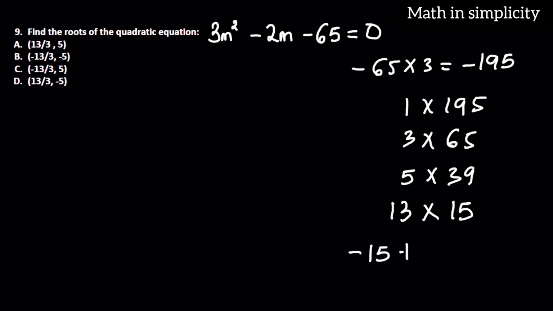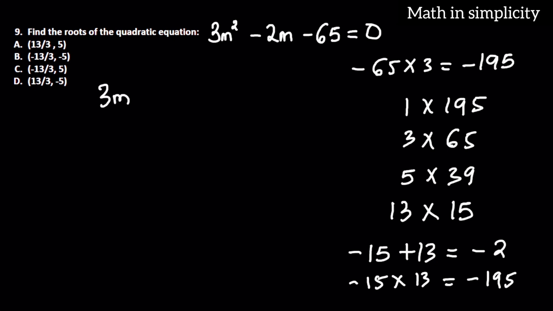So if you do -15 plus 13, you should have -2, right? And if you also do -15 times 13, you have -195. So the two factors we're looking for are -15 and +13. So we're going to replace the -2 with the two factors we found now.